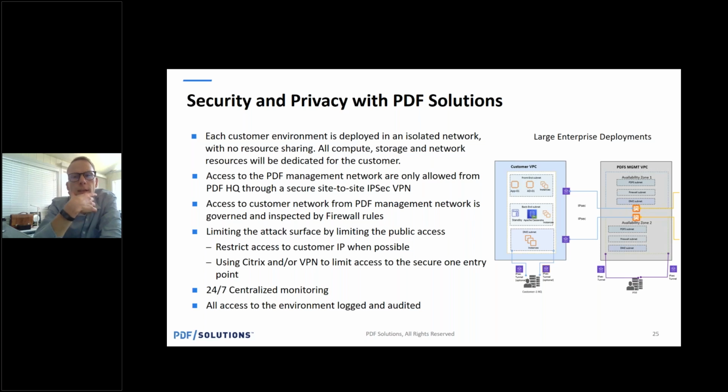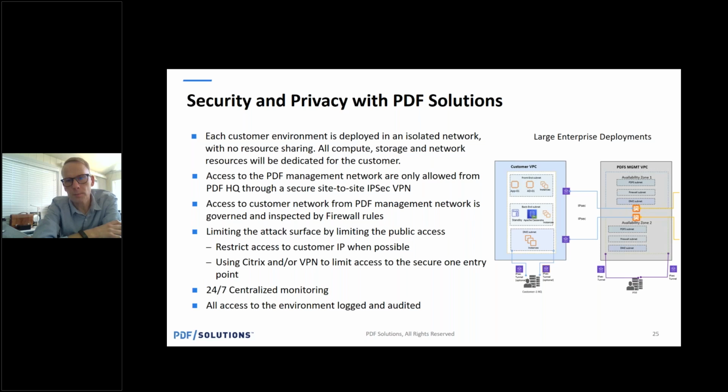So I've got a couple more slides. Let's talk just a moment about security and privacy in PDF Cloud. So we take our customers' data security and privacy very seriously, right? We employ industry best practices with how we deploy and how PDF and our customers access the cloud. We limit the attack surface by limiting the public access to the cloud.